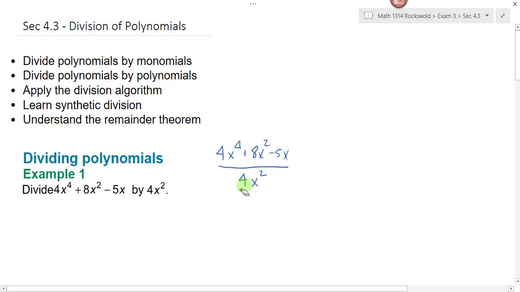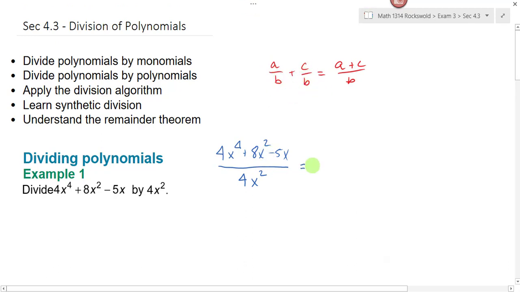If you have a single term in the denominator of a fraction, you can distribute that term across the fraction. Remember, if you have a fraction a over b plus c over b, if you have a common denominator, you can add the numerators together. Taking this side and writing it in reverse is what we're doing here. We're distributing that denominator across each one of the terms.